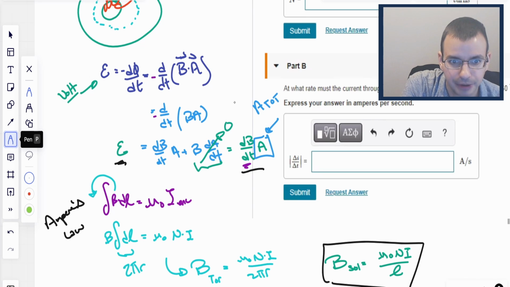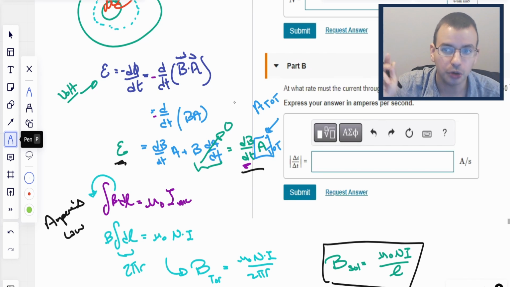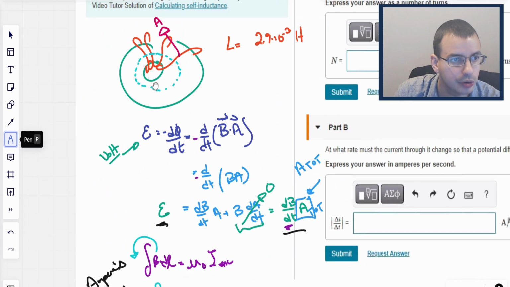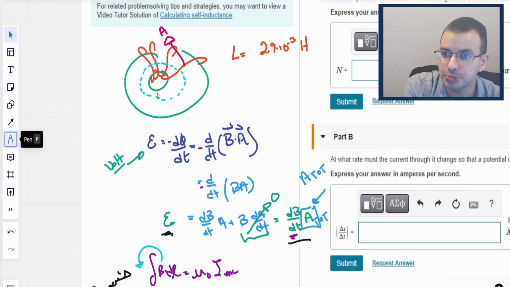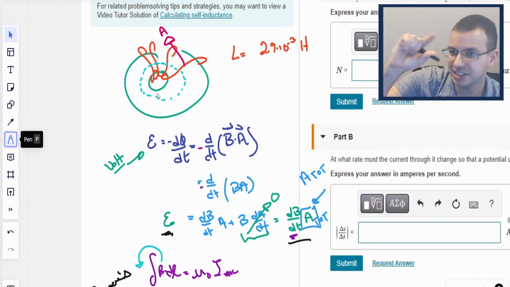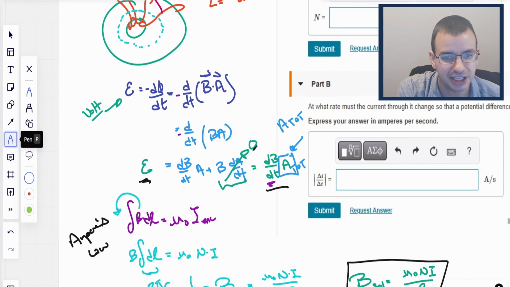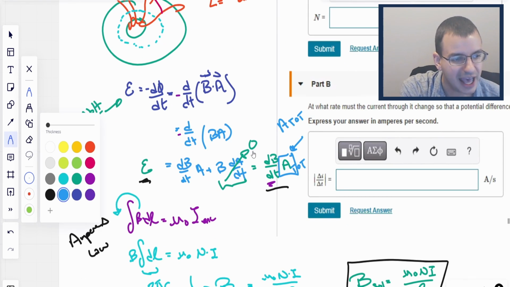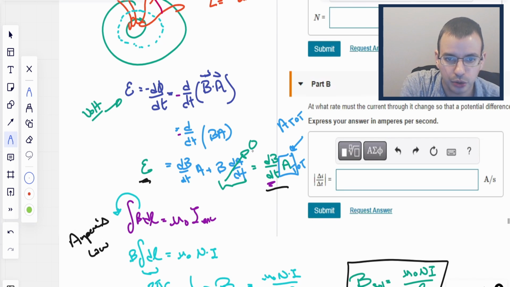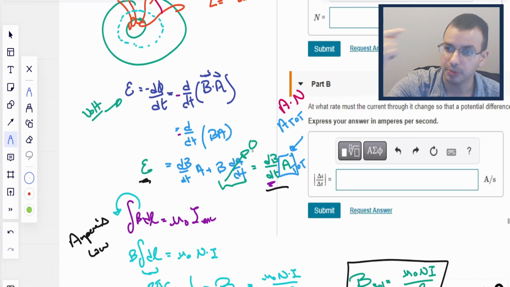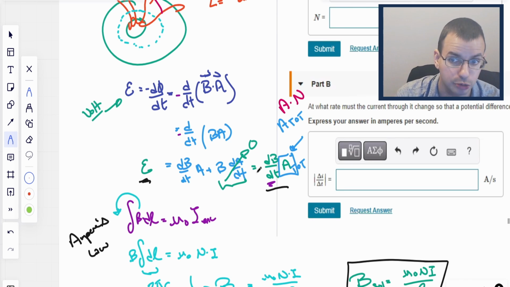which I should have written up there. Area total, that's the total area of every one of these loops. So these have a whole bunch of loops, a bunch of coils, and we want to view them each as an individual. So long story short, I'm going to say that this area total is actually equal to A times N, because we had to look at the cross-sectional area of each individual loop and multiply that by the number of loops that we have.